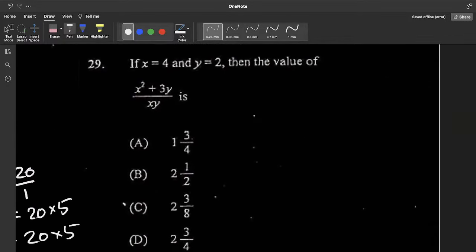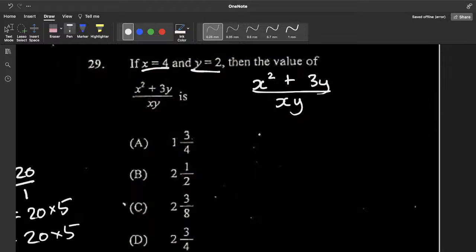Alright, so for this one here now, it says if x is equal to 4 and y is equal to 2, then the value of x squared plus 3y over xy is, so we have x squared plus 3y over xy. Now all I need to do in this case is substitute. So replace the x with 4 and replace the y with 2.